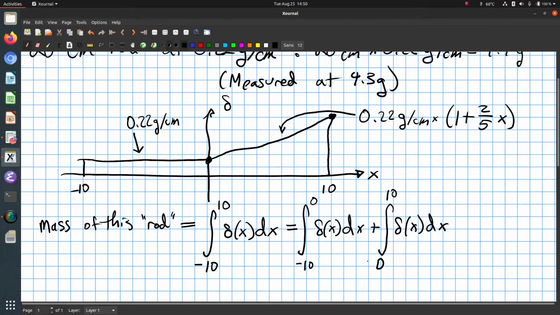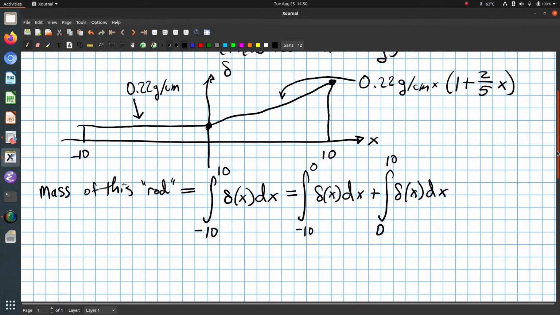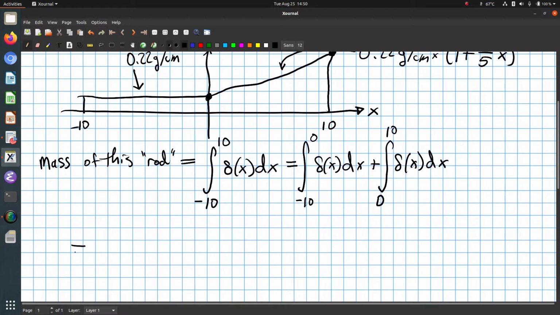On the left, the density is just constant at 0.22 grams per centimeter. So it's just constant. On the right is 0.22 grams per centimeter, but it varies with this expression.